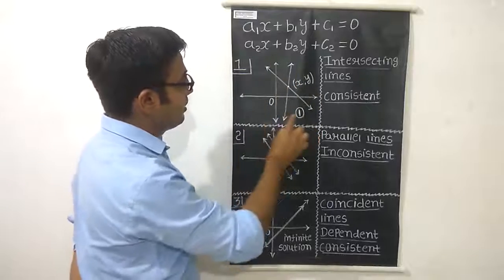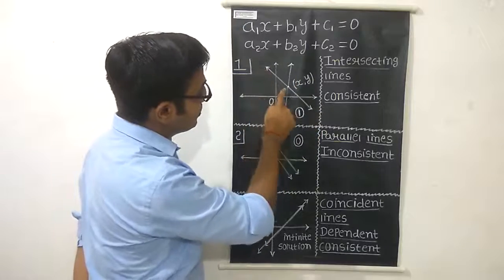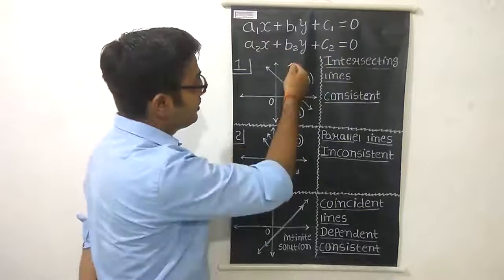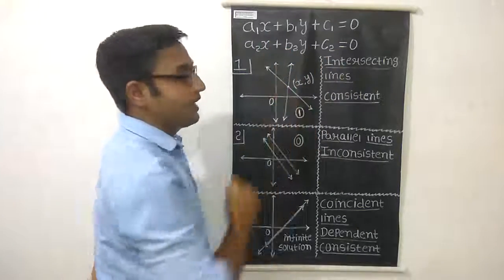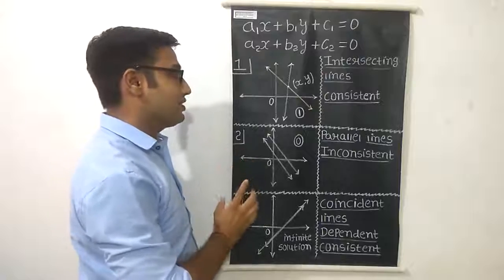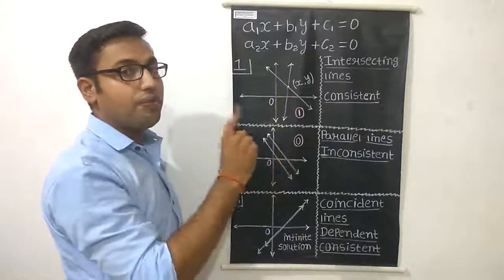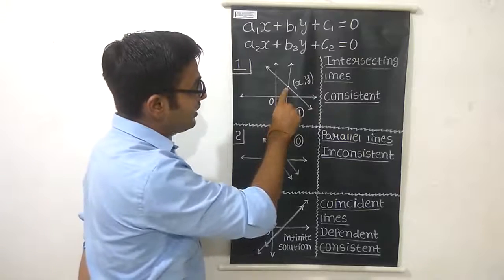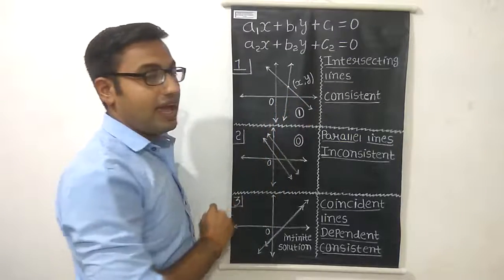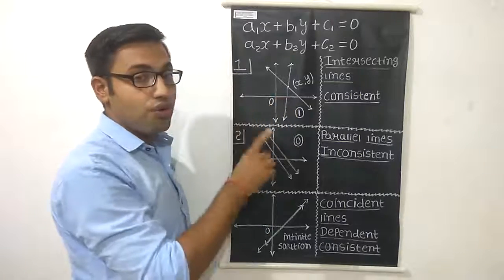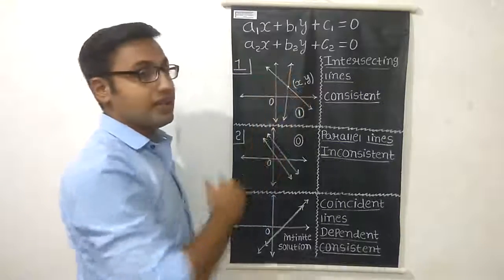See the graph. Suppose this line is of first equation and this line is of second equation. Here we can see that both the lines intersect in one point, and that intersecting point is, suppose, xy. That means one point is common on both the lines.